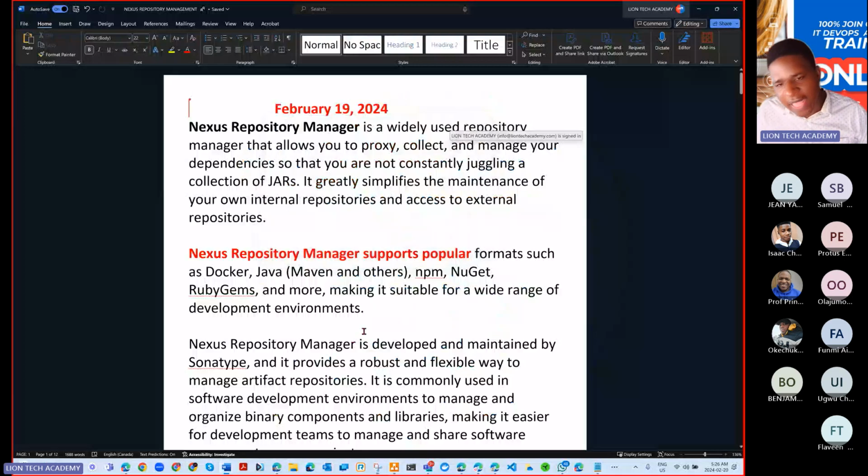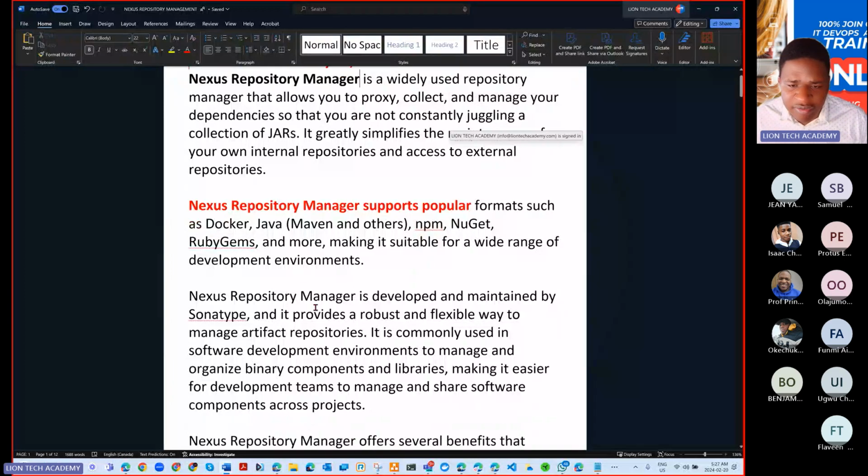So it acts as a repository manager, not just for Maven and other kinds of packages, but also Docker, npm, NuGet, Ruby gems, and more, making it suitable for a wide range of development environments.